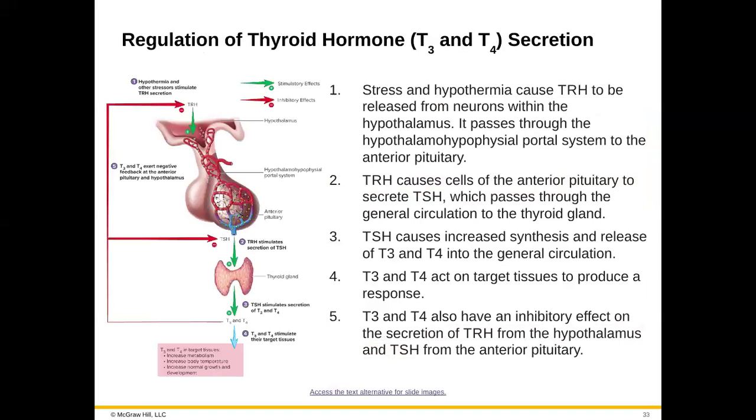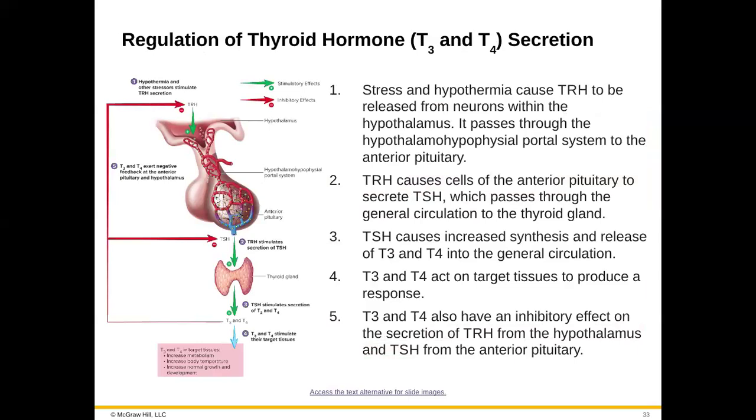So when we're looking at the regulation of thyroid hormone, and we're talking about T3 and T4 secretion here, like we had talked about before, stress, hypothermia, things of that nature are going to cause thyrotropin releasing hormone, TRH, to release from the neurons within the hypothalamus. That's going to pass through the hypothalamo-hypophyseal portal system, and that's where it's going to get to the anterior pituitary that you can see here.